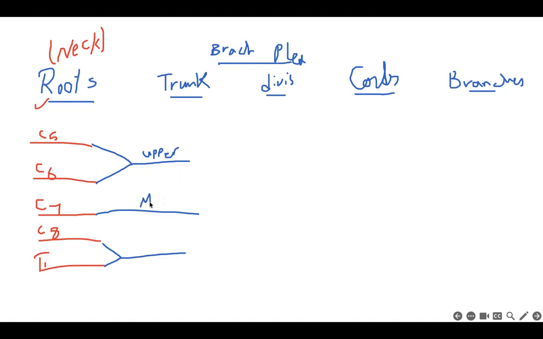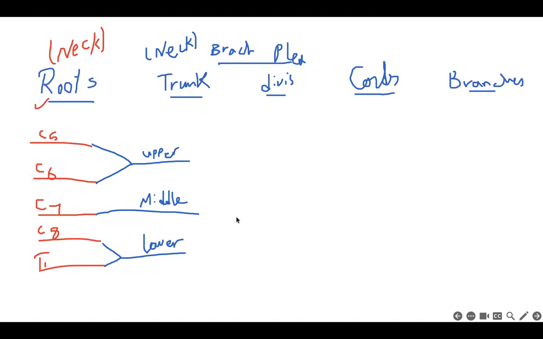C7 will be the middle trunk, so the middle trunk is formed only from C7. And the lower trunk is formed by the union of C8 and T1. What is the location of the trunks? We can see them in the neck also. So the roots and the trunks are located in the neck.